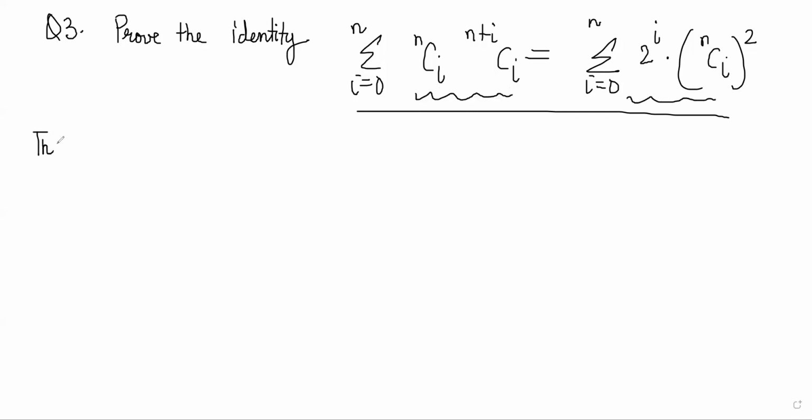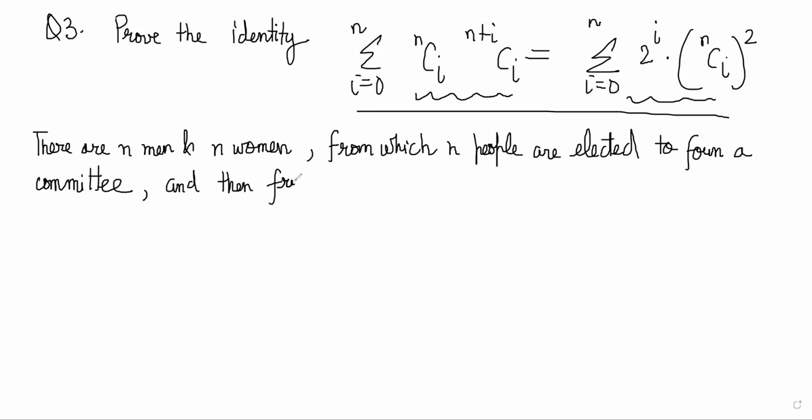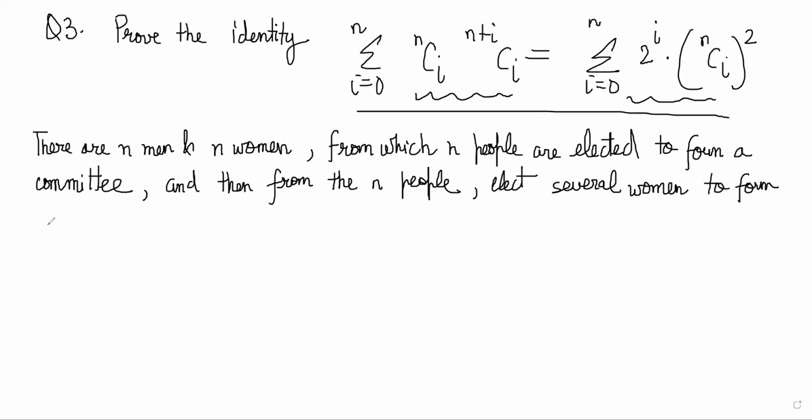So let's say there are n women and n men, from which n people are to be selected to form a committee, and then from the n people, elect several women, one or more than one woman, to form a leading group for the committee.